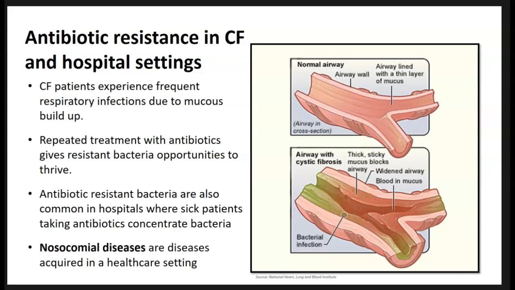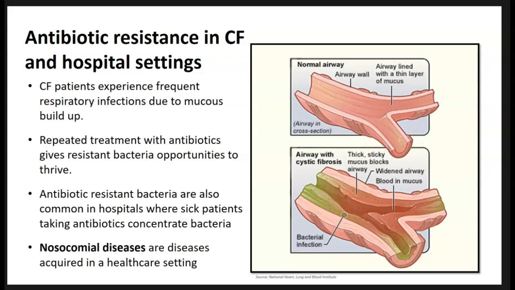Another place where antibiotic resistance is very common is inside of hospitals, where there are many sick patients congregated, often taking antibiotics, either as a precaution because they are about to go into surgery or they have weakened immune systems, or because they are sick with bacterial infections.